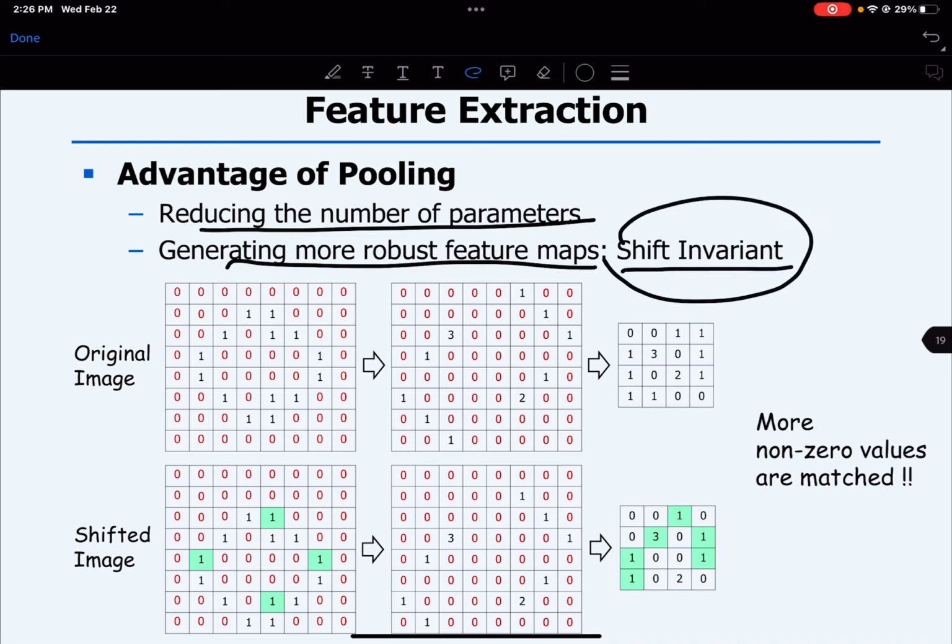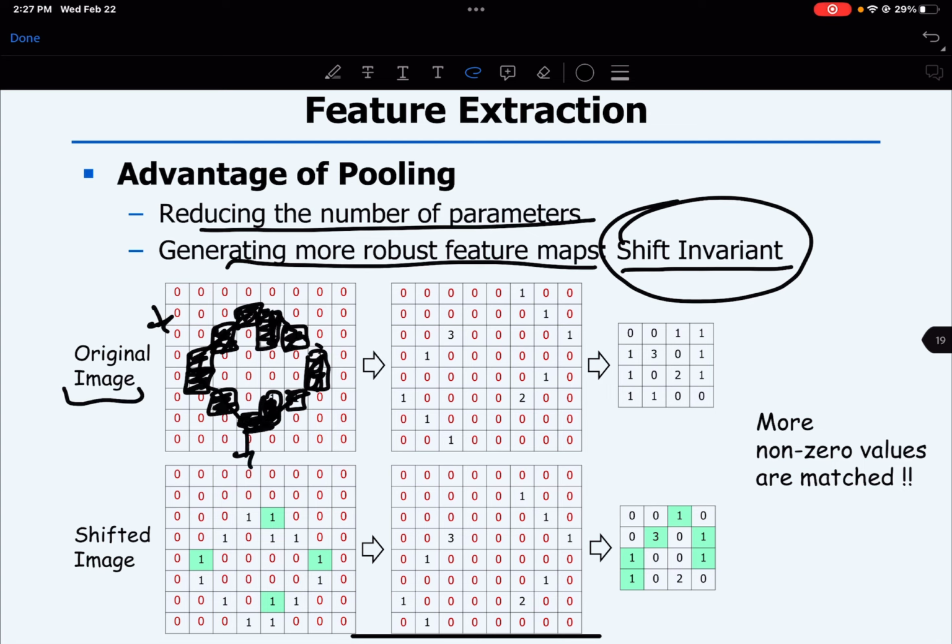And what do we mean by shift invariant? So for example, we have an original image. So this is our original image, right? For example, a value of 1. This is our original image. And then we have a shifted version, a 1 pixel shift. So all the values are shifted by 1 pixel.